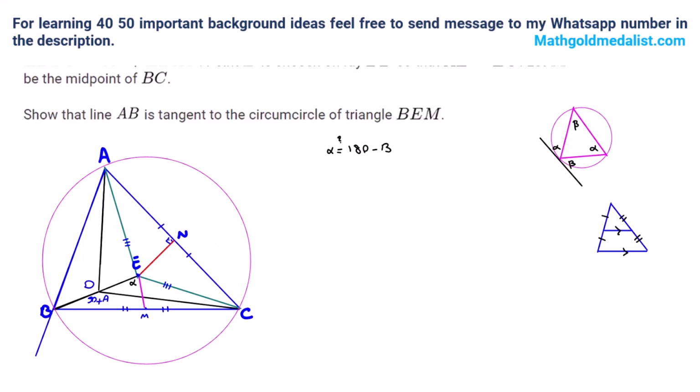So let's extend BD. And let's draw this one. So BDE. We have E, so let's call the extended point F. Now we know this angle is alpha, so we should prove this alpha is 180 minus B.